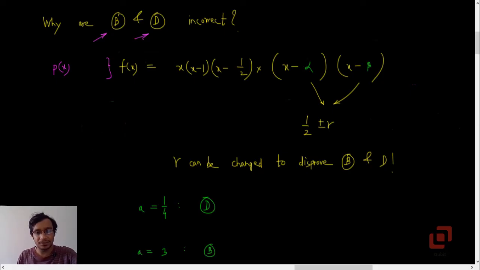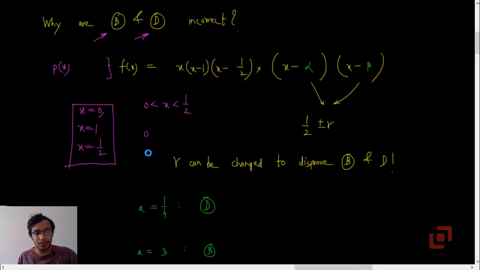Now if I consider this function which has three fixed roots, x equal to 0, x equal to 1 and x equal to 1 upon 2, and using the rules of inequalities, you can say that when x lies between 0 and 1 upon 2, the function is positive, then when x lies between 1 upon 2 and 1, the function is negative.